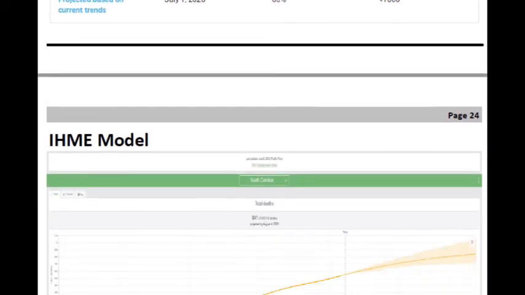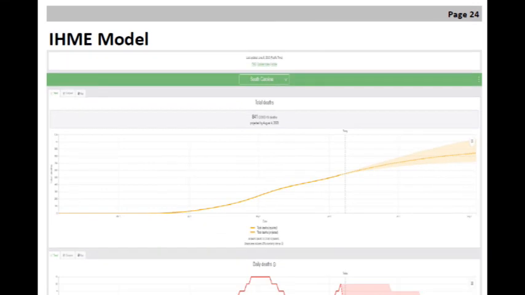Another model is the IHME model. This is a model that DHEC also posts on their website, and it is projecting by August 4th there would be a total of 841 deaths in South Carolina. There's a great variance between the models.